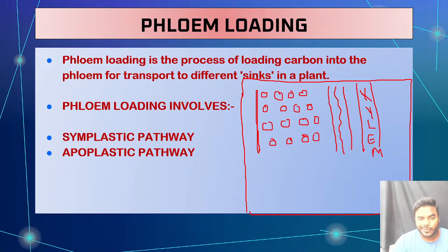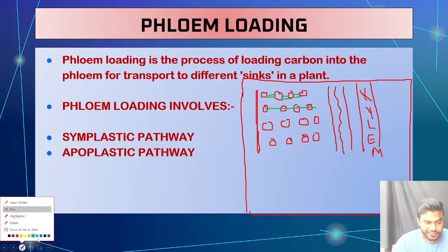Kindly don't forget it. So now look into this. One cell can be connected to another cell via plasmodesmata. So the movement is directly through the cell, inside the cell. This is plasmodesmata and this is the symplastic pathway.